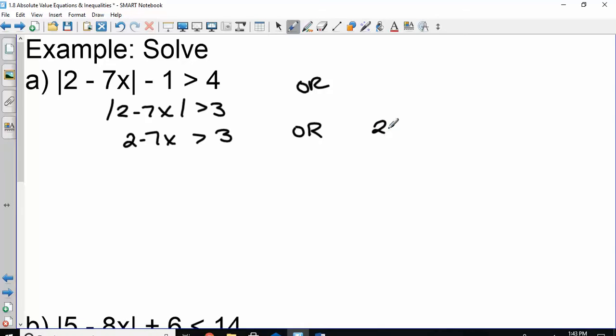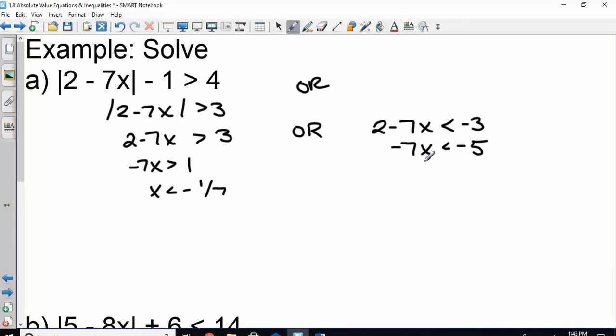Or for the second one, you flip it, make that a negative. When I solve, subtract my 2. What happens when I divide by my -7? Flips the inequality. Same thing here, divide by the -7, so it flips my inequality.